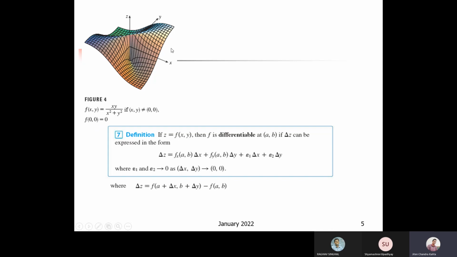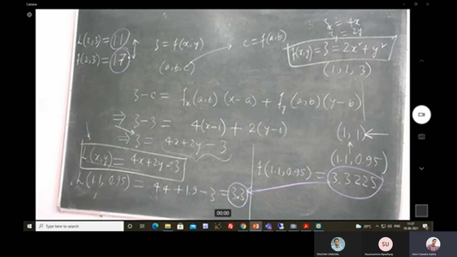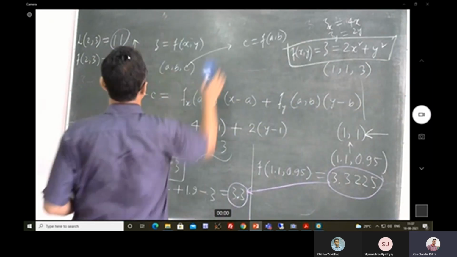Now this is the graph of the function, and of course you can see the way it is. Obviously at the origin, drawing a tangent plane will be extremely difficult. So now let us try to make some more observations out of this function.